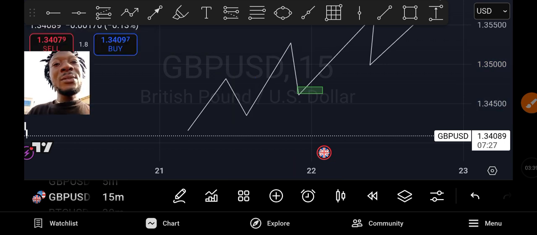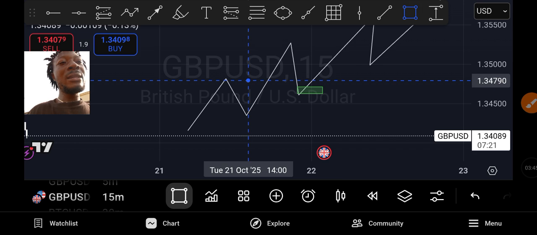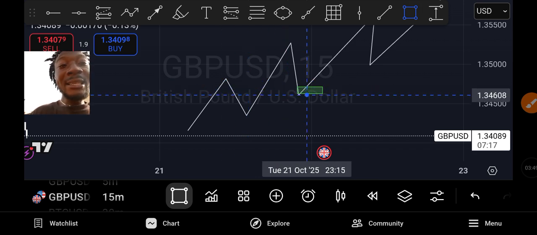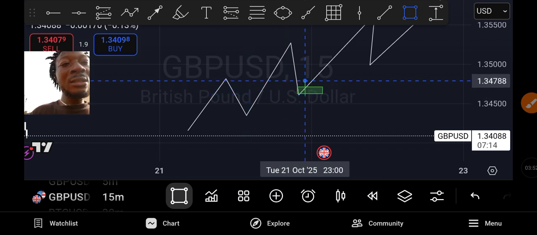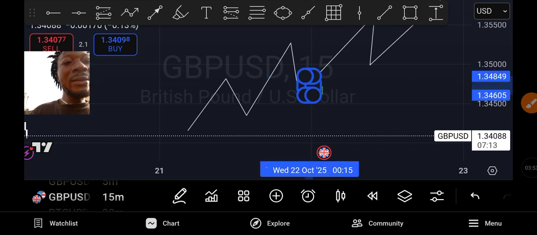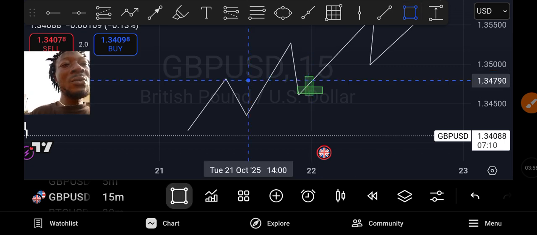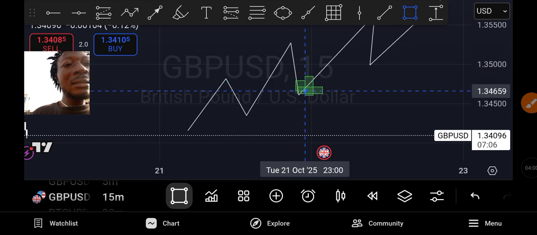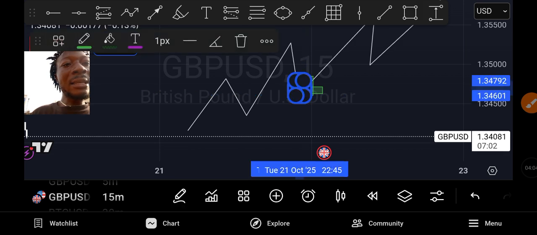What do you wait for? I always give you one simple candlestick. You just need to use the engulfing candlestick around the zone. Since it is a bullish trend, you wait for this engulfing candle, which takes out the last red candle that came down.